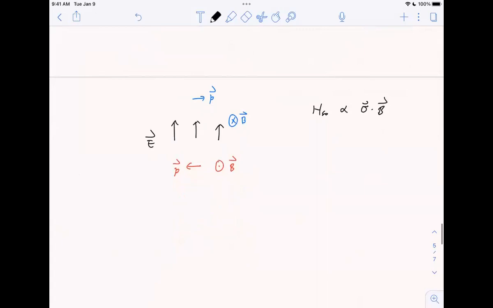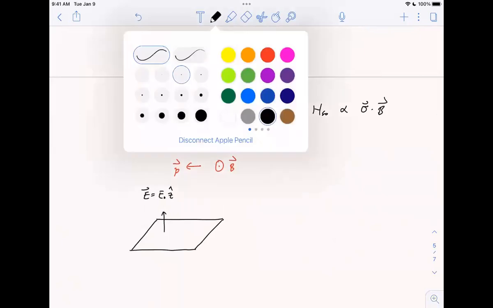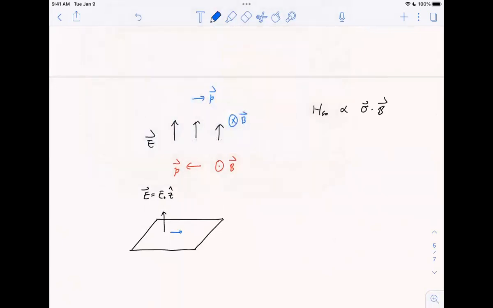Let me see. Let me draw it more carefully. I'm trying to give you a physical picture. So the E is pointing in Z direction, and then the momentum is in the P. So this B field is into the plane.